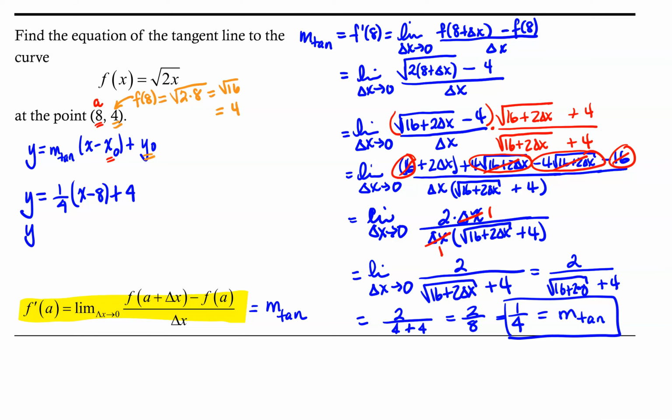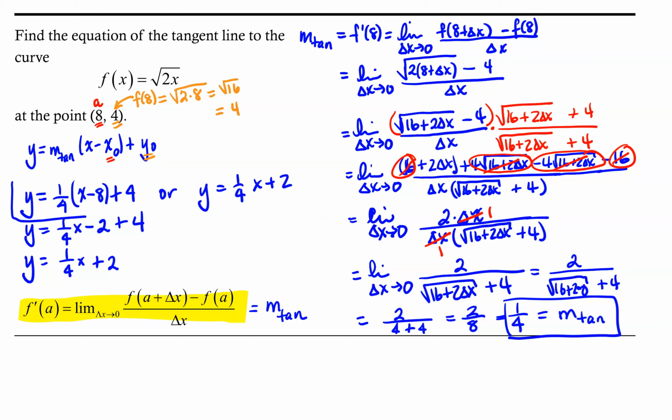So y equals 1/4 x, 1/4 times 8 is 2, so minus 2 plus 4, or y equals 1/4 x plus 2. So either of these forms are perfectly acceptable.